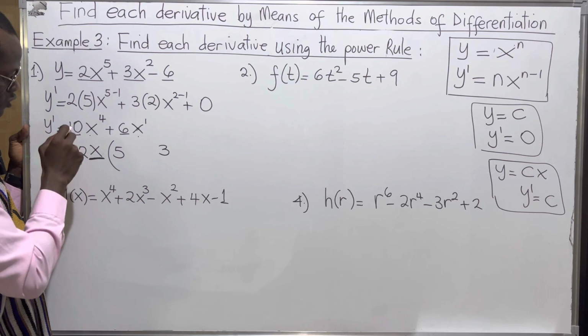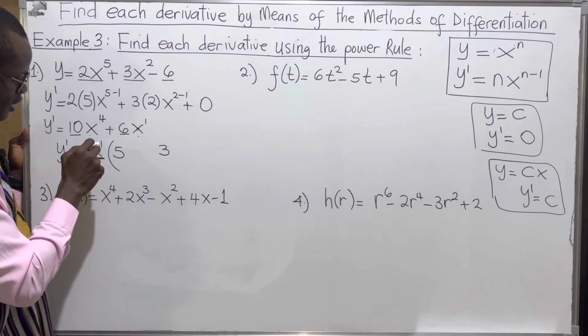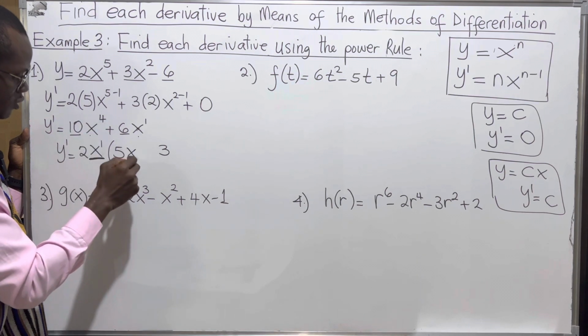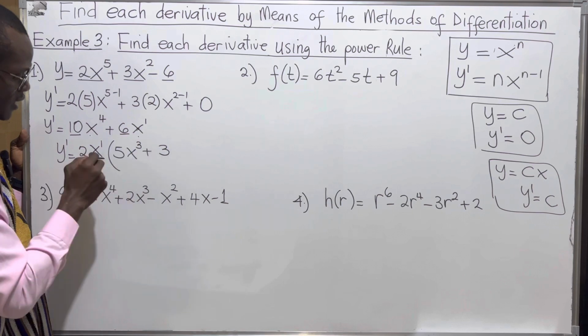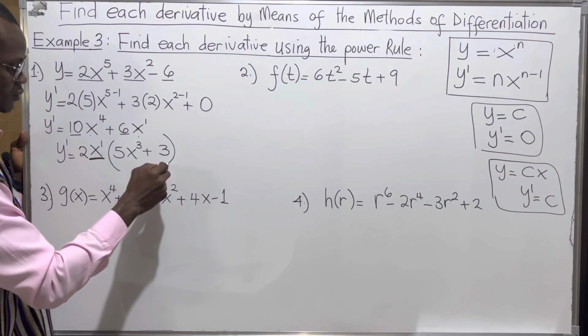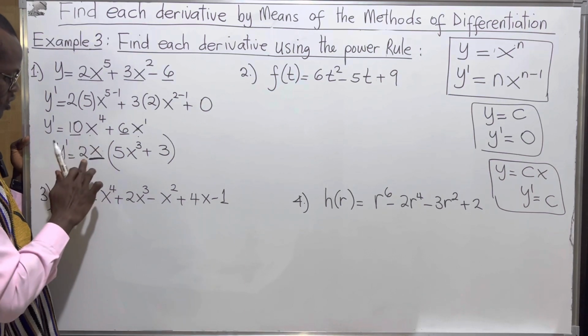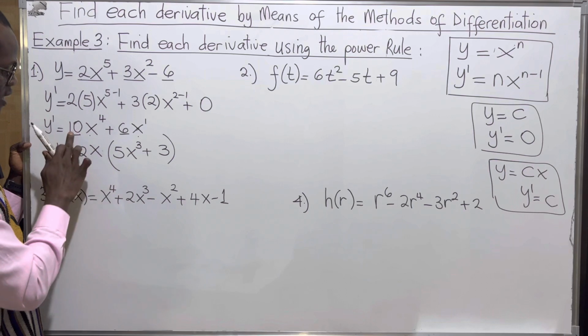So you have 2 going into 10 5 times. X now to the 1st. If you take 1 from this 4, you have x to the 3rd. Plus, now this x is already outside. So we are just left with 2 goes into 6. It goes 3 times. Now if you multiply this expression by this one, you should be able to get this. That is 2 times 5 is 10.